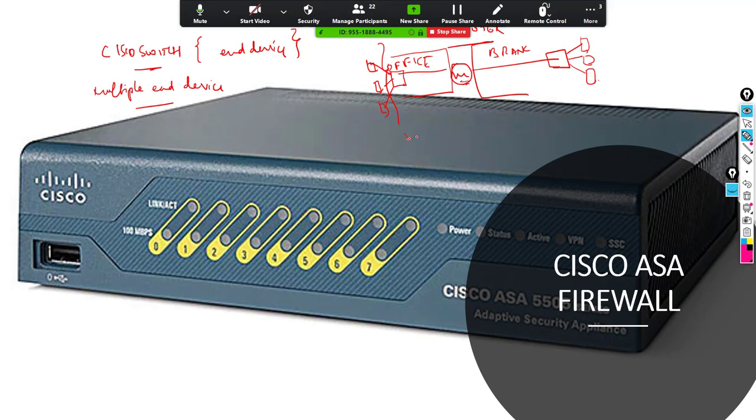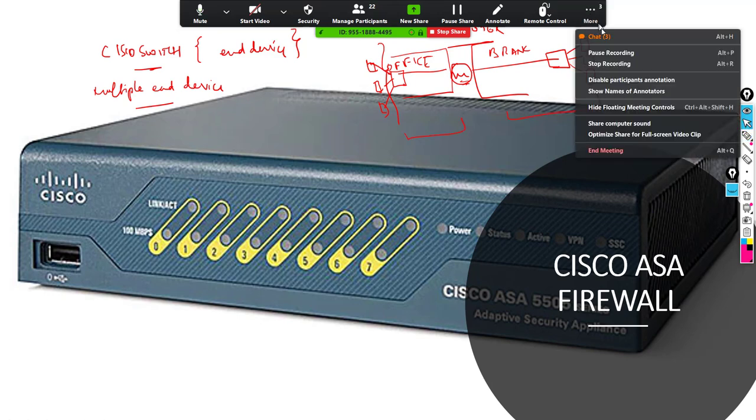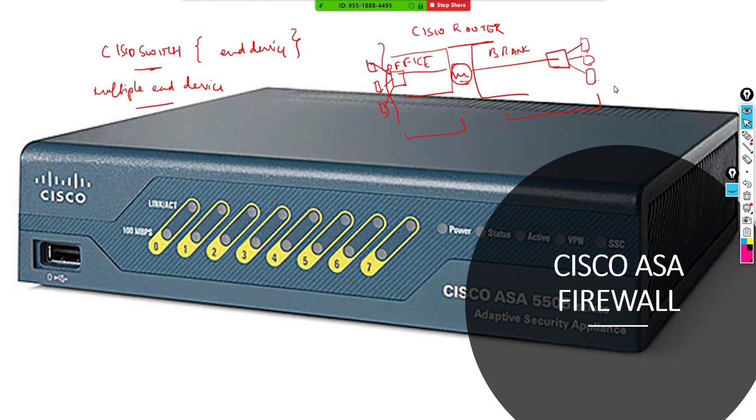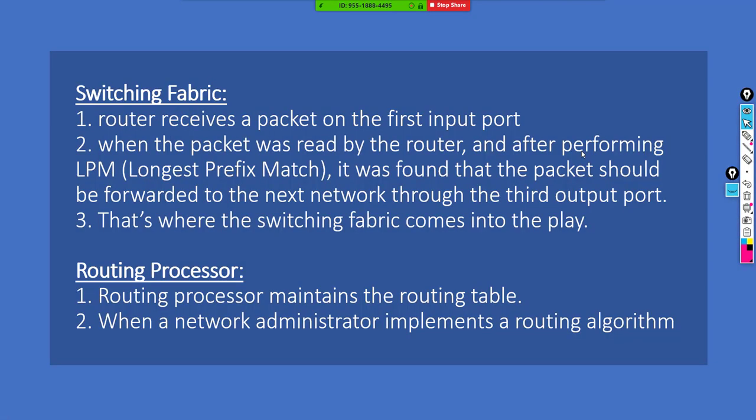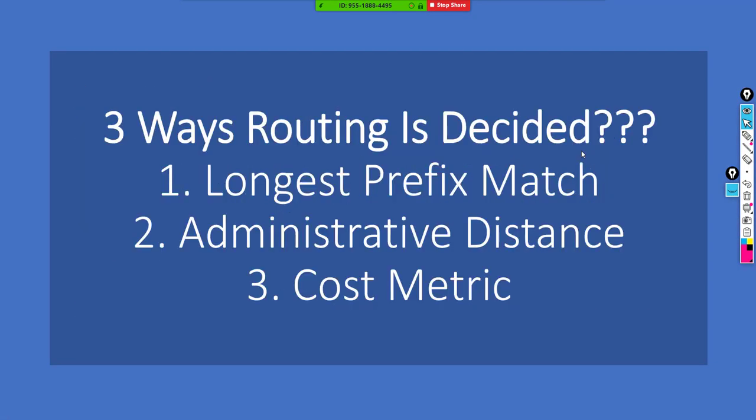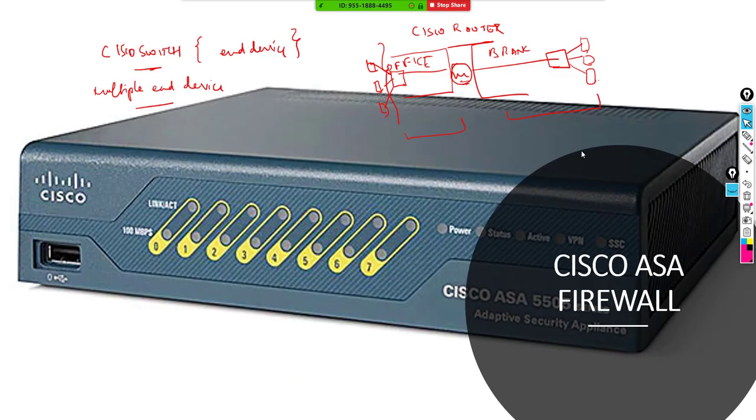Okay, so this is how the orientation looked. So we covered the Cisco router and Cisco switch. Today I will show you the packet flow on a Cisco ASA firewall.